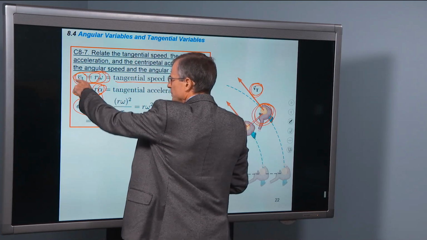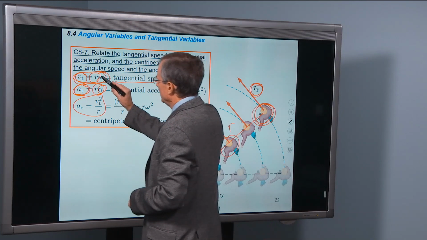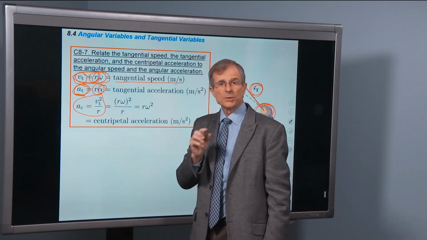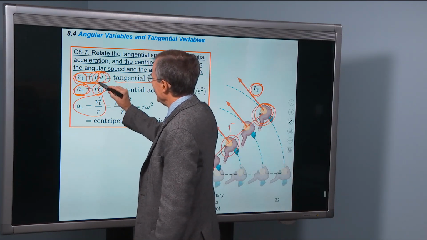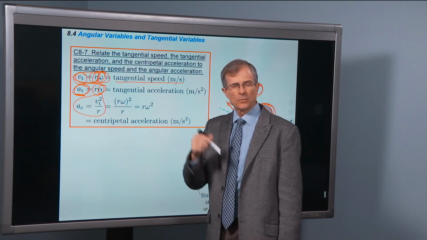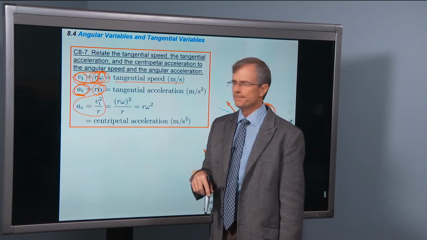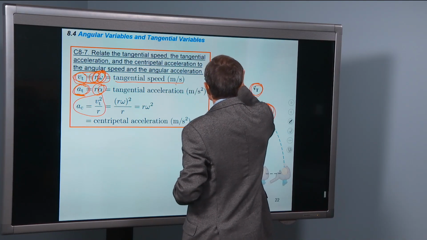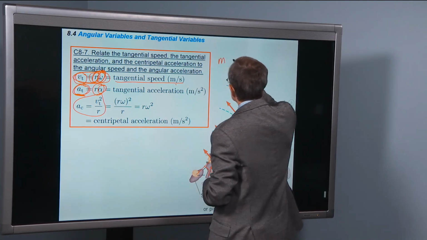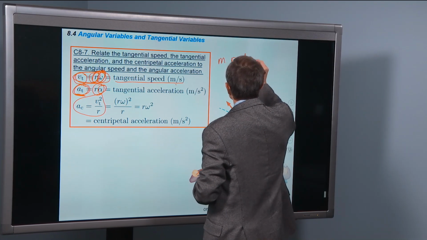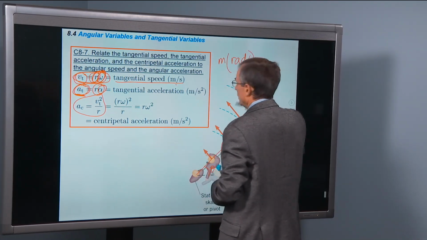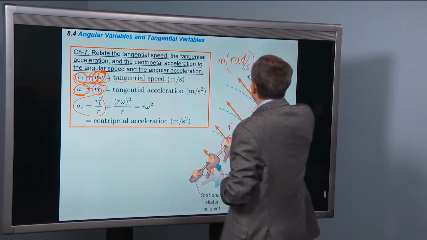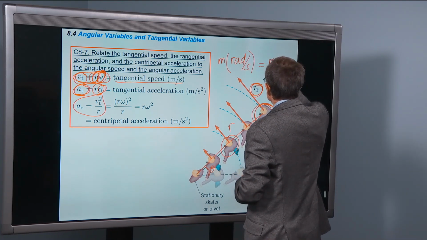This tangential speed is measured in meters per second. The radius is measured in meters. The angular velocity is measured in radians per second. So the units of r omega are going to be meters for r, and radians per second for omega. And that gives us units of meters per second.